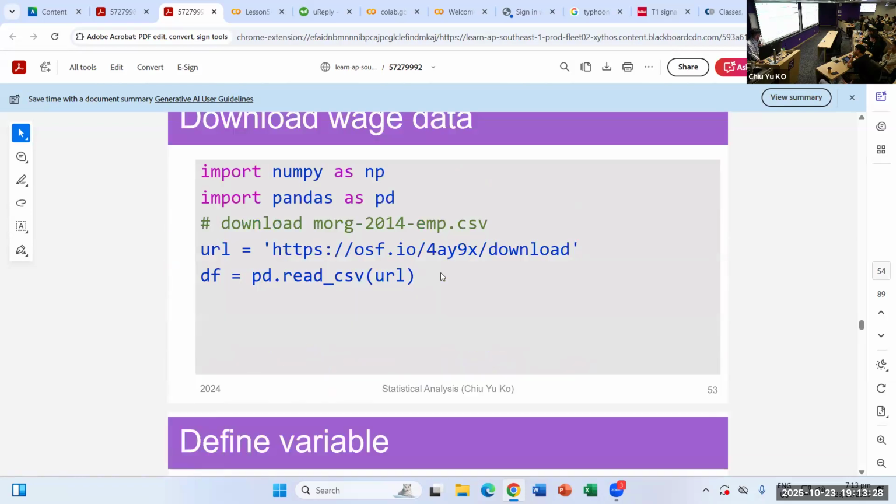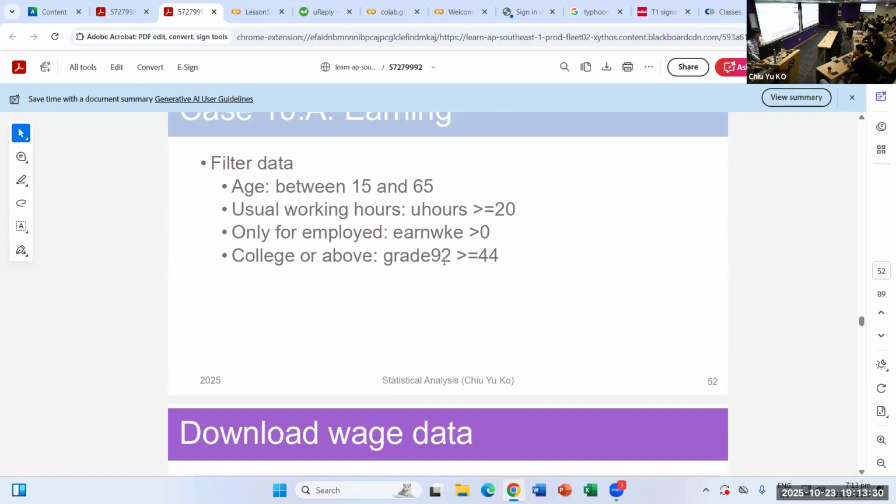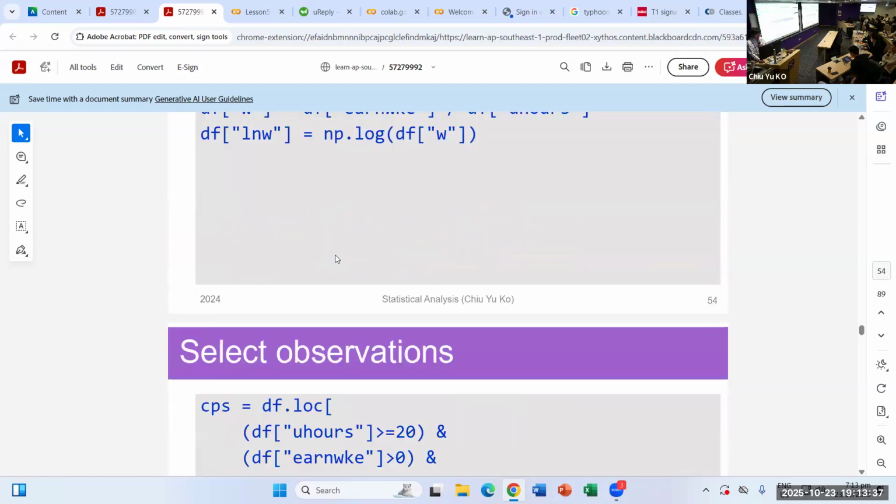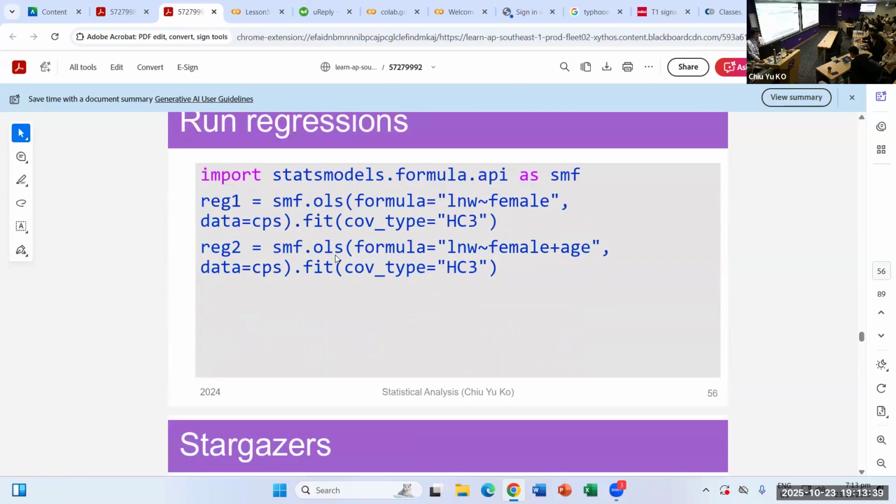I forgot why it's 92, but anyway, it means your college cohort.